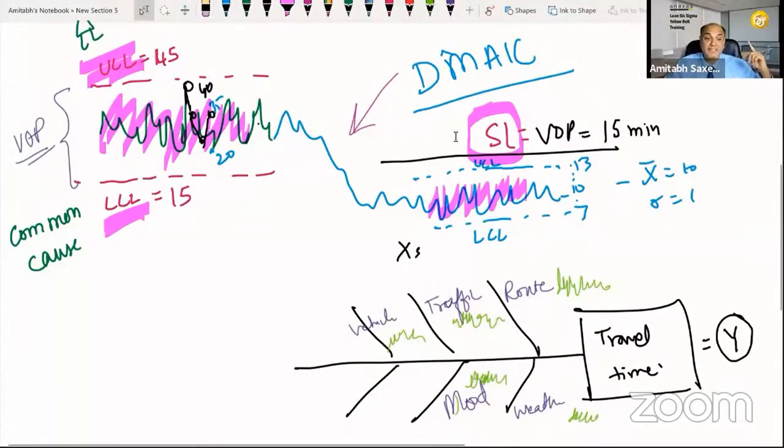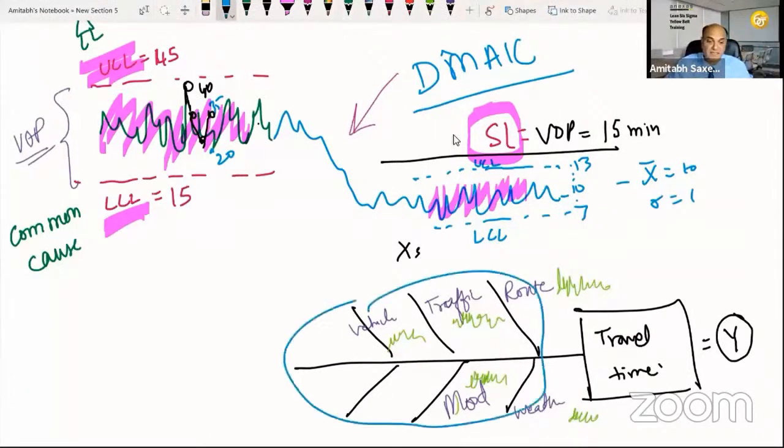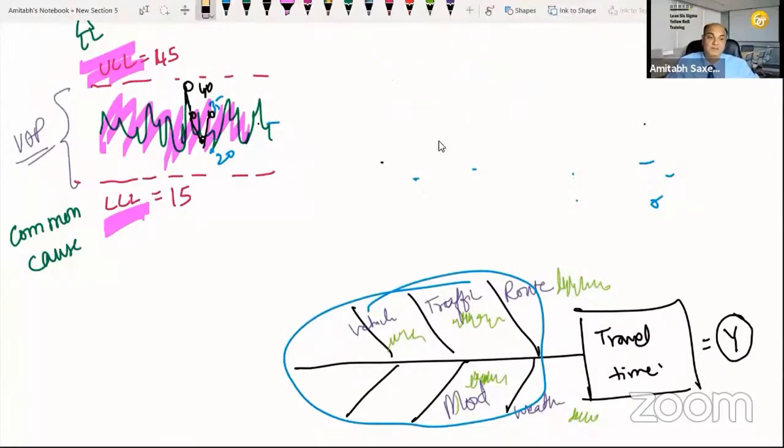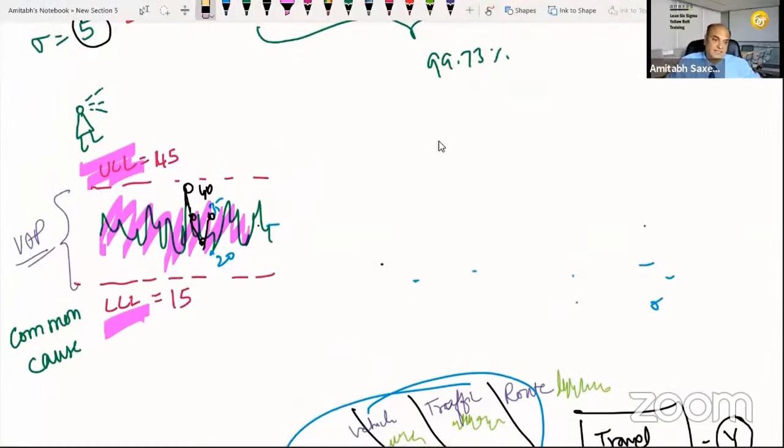Then you have to identify which process factor is the root cause. So many X factors are there. Which of them is affecting why I'm at 30? Of course, I just took an example of traveling time. If I take the example of a sales process, your voice of customer would be to increase the sales, isn't it?